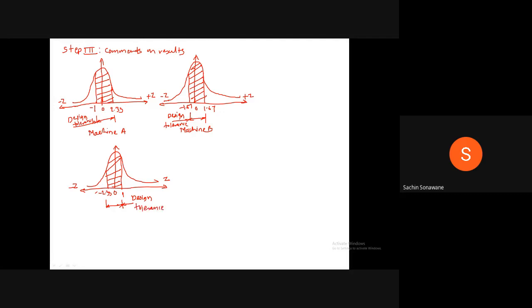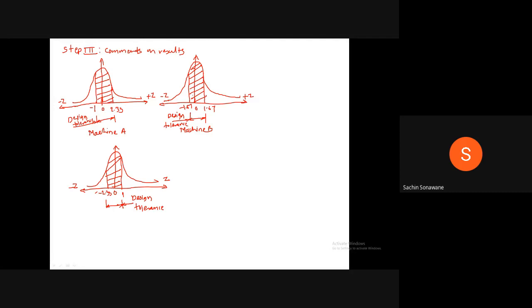Therefore, from these three graphs, we are observing that only for machine B the process is centered.